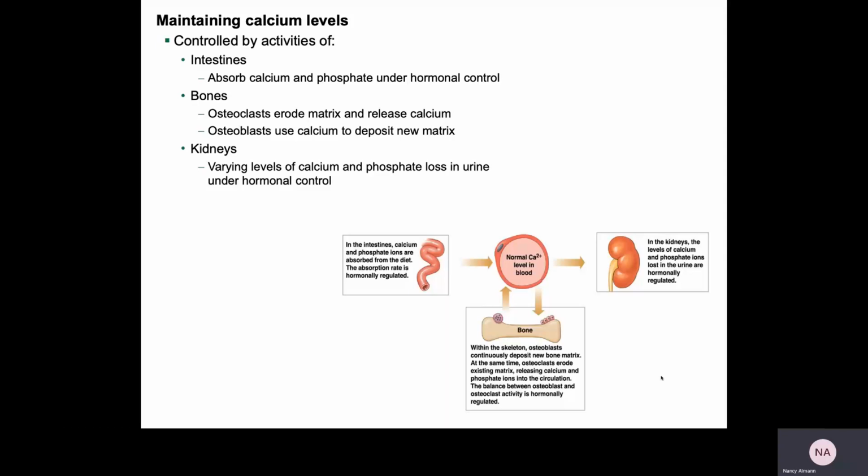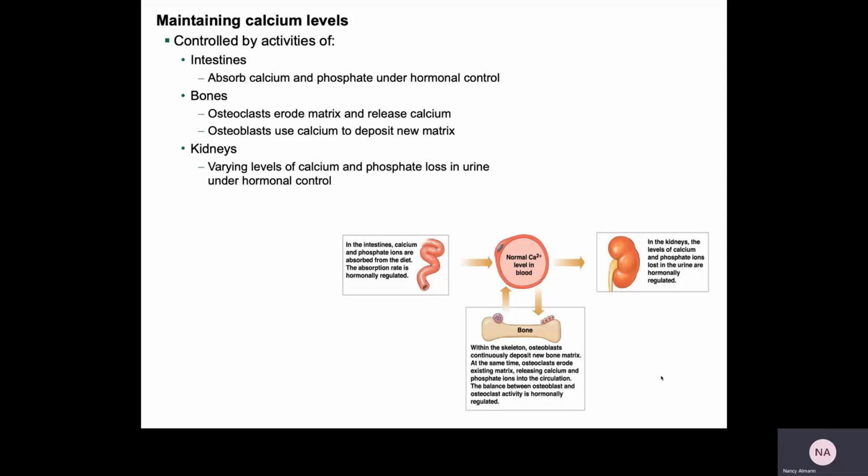When we talk about the skeletal system, osteoclasts break down matrix and release calcium, and osteoblasts build new matrix, and the calcium is laid down in bone in that new matrix. So the osteoclasts and the osteoblasts have counteracting activities.